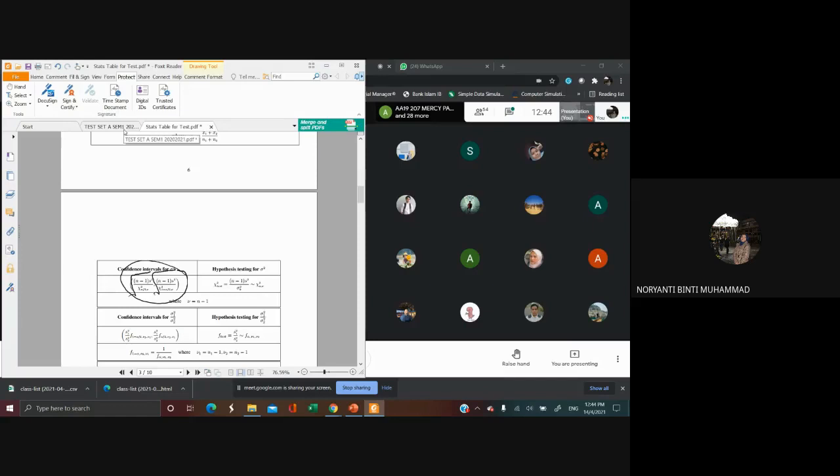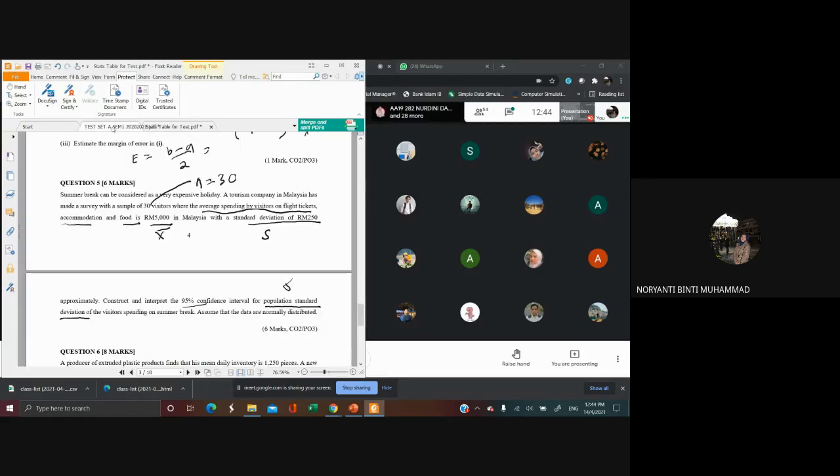So dalam ni, you perlukan apa? N. You perlukan S square dengan nilai chi-square. Okay, I do hope that you know how to read the table. Okay, so from here, you know that your N is 30. You have there. And then standard deviation. Given standard deviation 250. But in the formula, we want S square, isn't it?